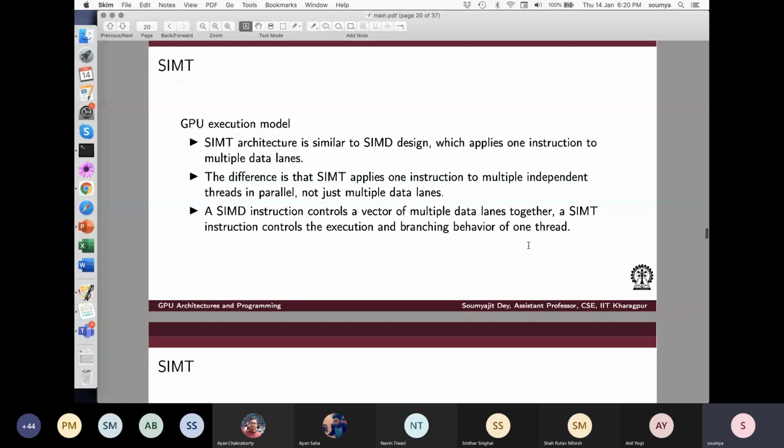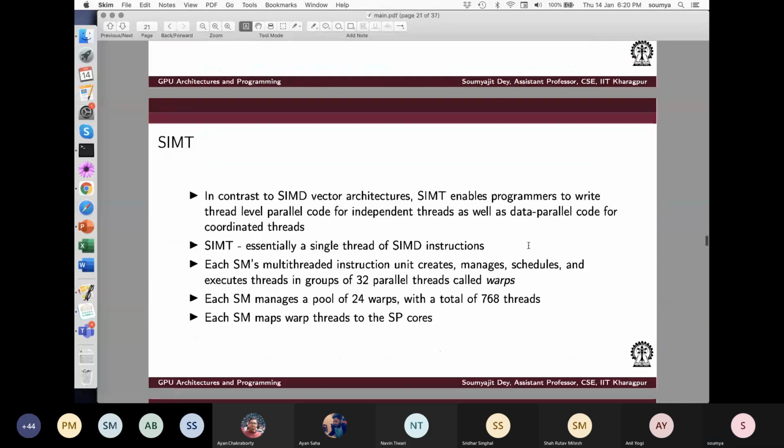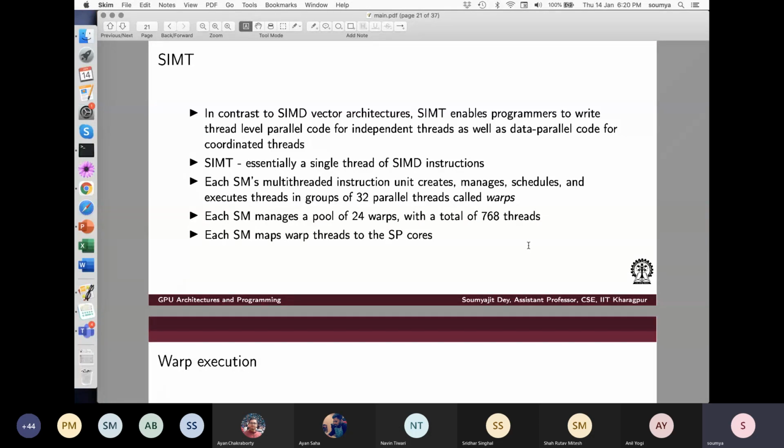Am I clear what I am saying? Let's understand. I am not executing two kinds of instructions, vector instruction and scalar instruction. I am saying that I always execute vector instructions. So what would that really mean? You are always working on a bunch of data together, and each data belongs to separate threads.